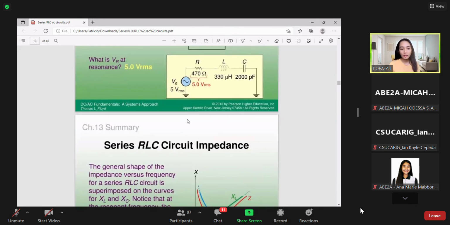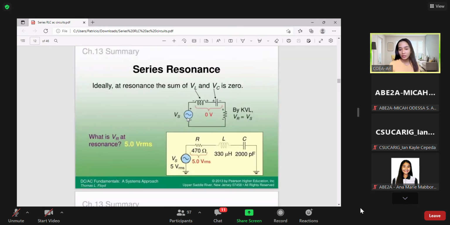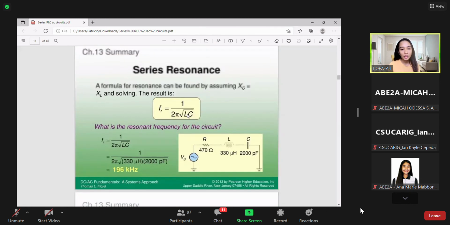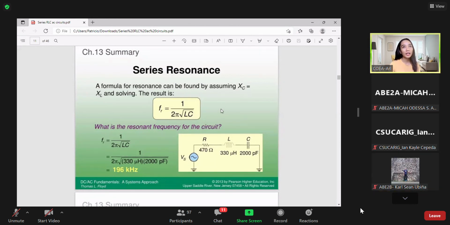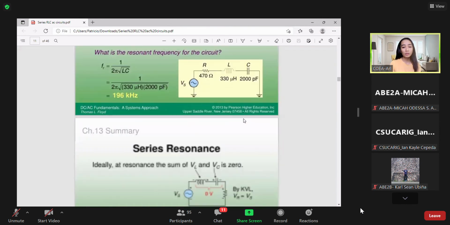Hindi kasali itong resonance circuit sa quiz nyo. I will just include some principle of this one in your exam. For example, what do you call if the capacitive reactance of your circuit is equal to the inductive reactance of the circuit? So the correct answer is series resonance. Mga ganun form. So just the principal part of the series resonance.